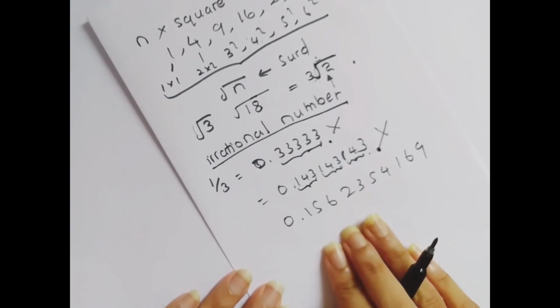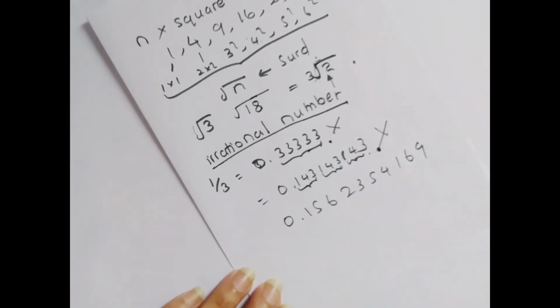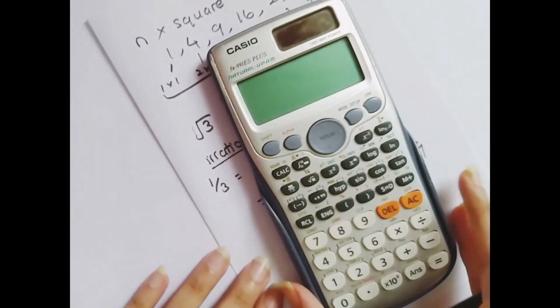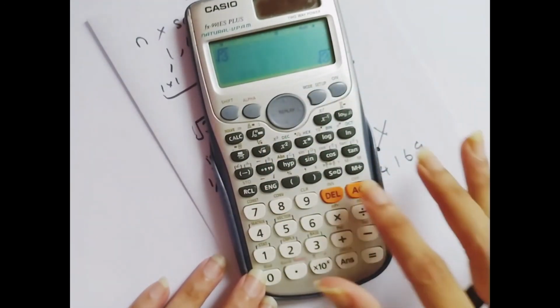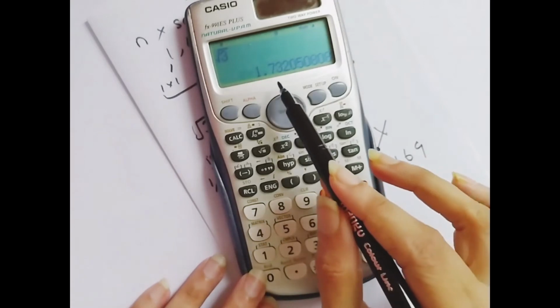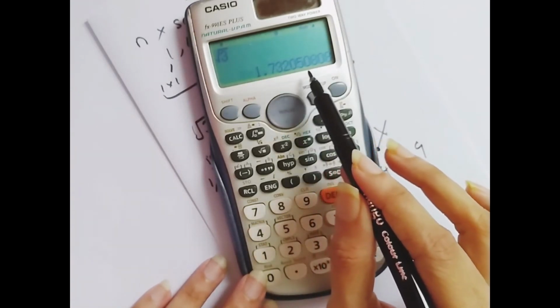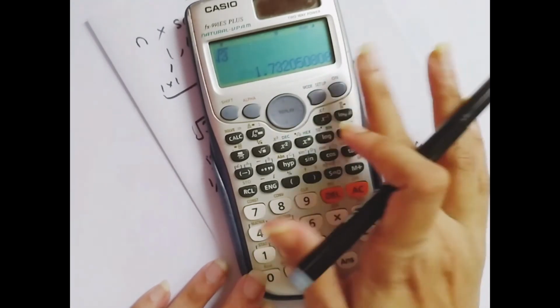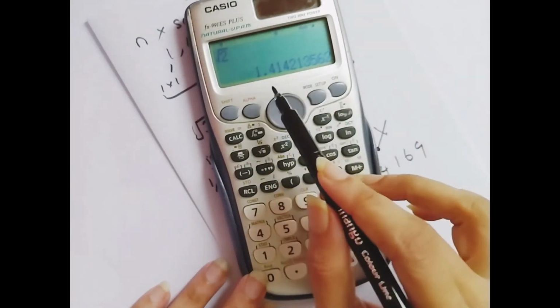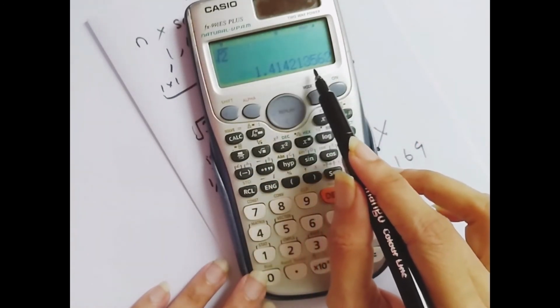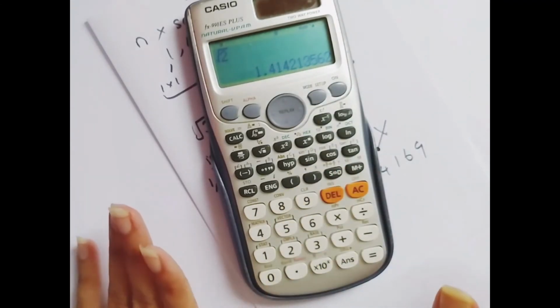So we'll see using the calculator. Now look, this is the calculator and I'm going to find what the answer is for root 3. See, 1.732050808. And then if I look at root 2, see, 1.41421356. There is no pattern.